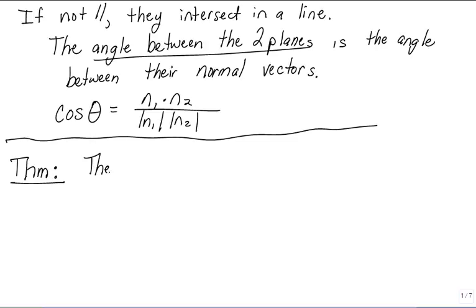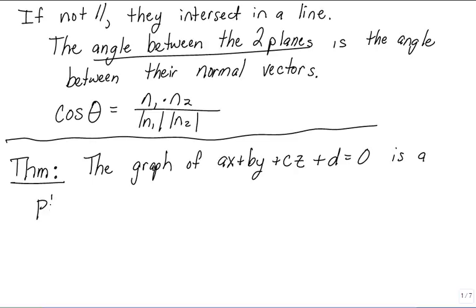The graph of ax plus by plus cz plus d equals 0 is a plane with normal vector a, b, c, which are the coefficients of the x, y, and z.